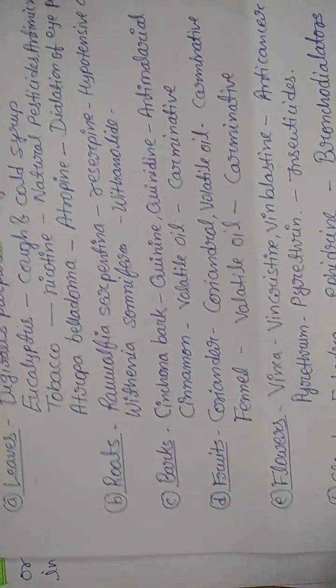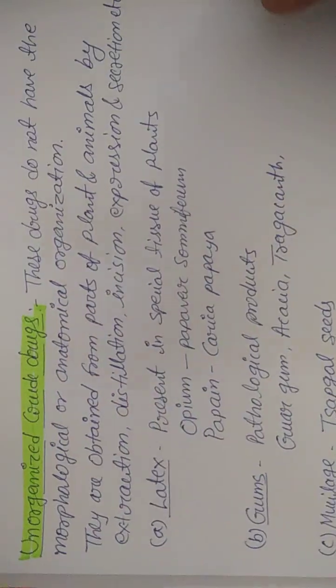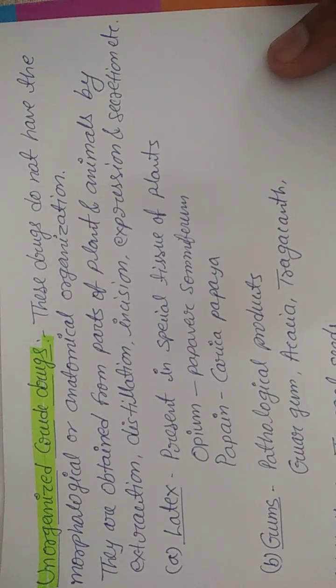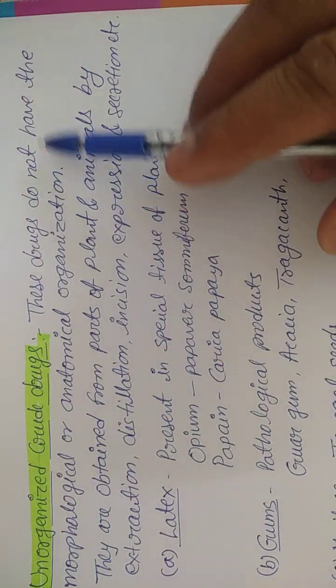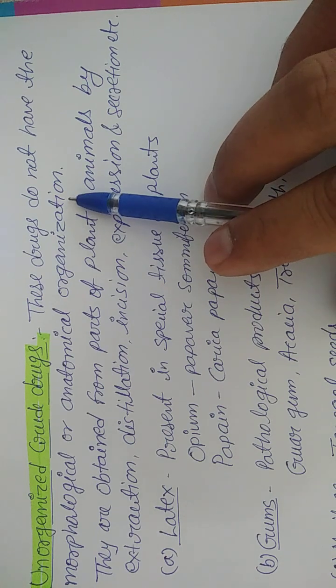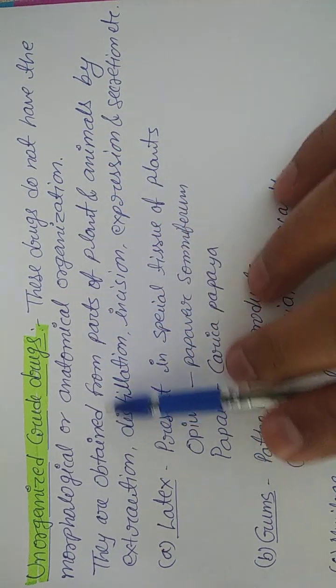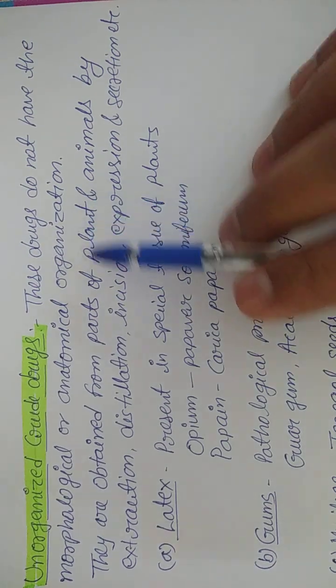Now coming to the unorganized crude drugs, we can discuss here. These drugs don't have morphological or anatomical organization, just the opposite of the organized crude drugs, right? They don't have morphological and anatomical organization.